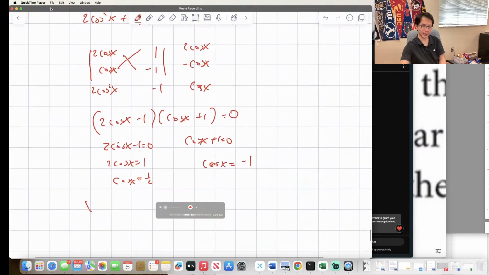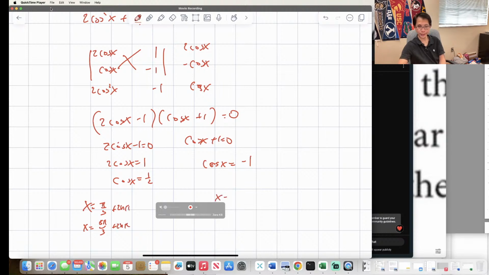When does cosine of x equal 1/2? Pi over 3, 5 pi over 3. There's one more. Pi over 3 plus 2n pi on each.